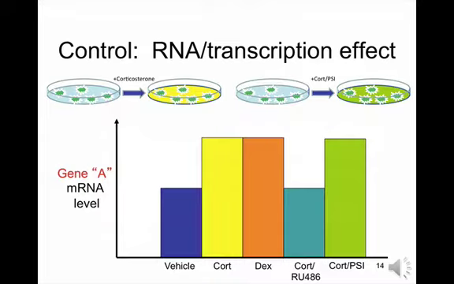And if that was indeed the case, then we would expect something like this, where the co-treatment of CORT with protein synthesis inhibitors does not block the change in mRNA level, suggesting that the gene is directly targeted.